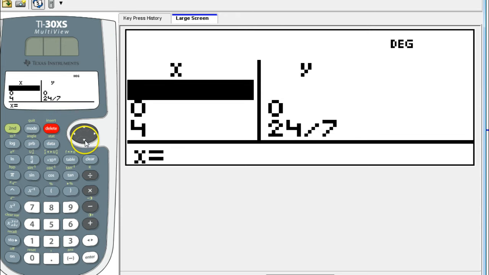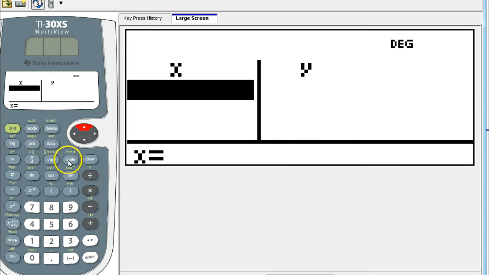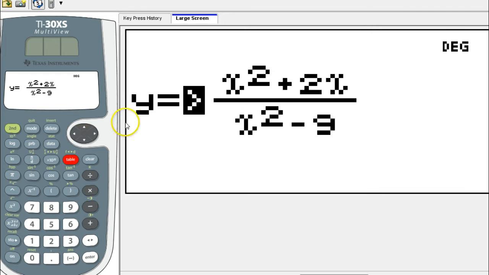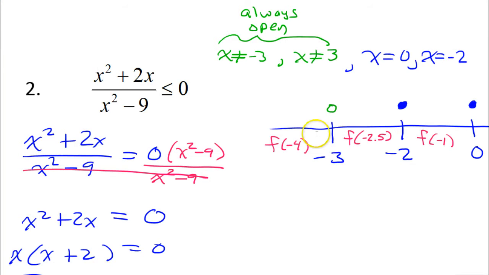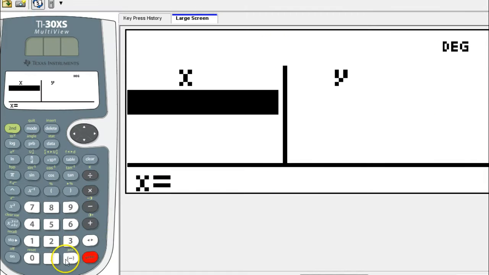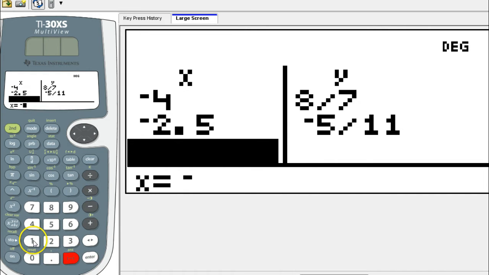I'm just going to delete the values that are here from a previous problem. So here I've typed the equation into my calculator, and I'm going to make sure my calculator is in ask mode, ask X. So the first 3 values I need to check are -4, -2.5, -1. So I'll do -4, -2.5, -1.